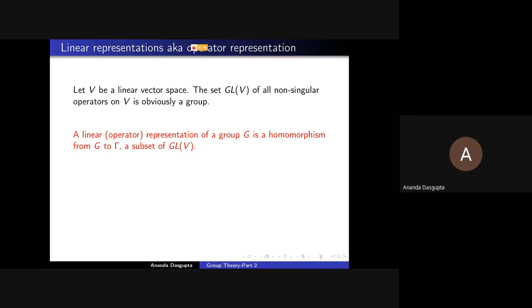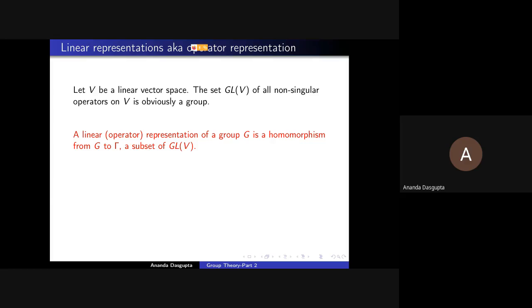And a linear operator representation of any group capital G is a homomorphism from capital G, the group, to gamma, where gamma is a subset of GL(V). So basically you are saying that for every group element small g in capital G, we will have an operator, which is a member of gamma. And this representation has to be such that if g1 maps to L(g1) and g2 maps to L(g2), then g1 g2 has to map to L(g1 g2), of course, but L(g1 g2) must be the same as L(g1) times L(g2).